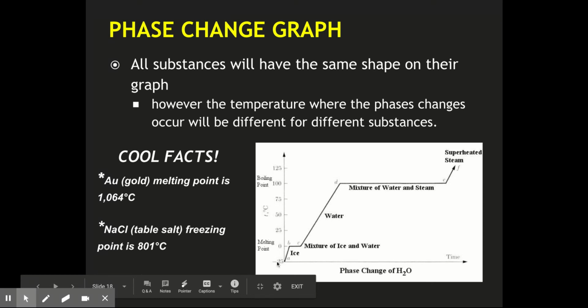You would just have a totally different scale. And table salt, sodium chloride, NaCl, would have a freezing point of 801 degrees Celsius. So its freezing point would not be 0. Its freezing point is 801 degrees Celsius.